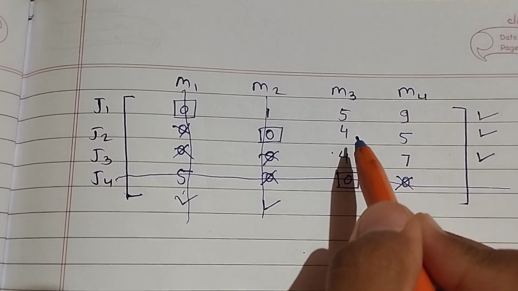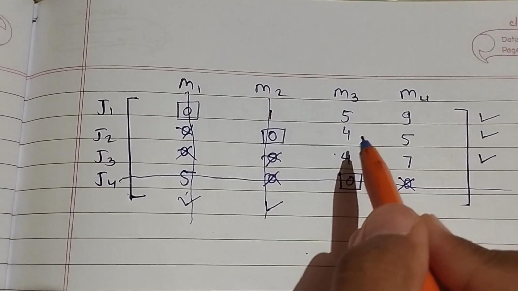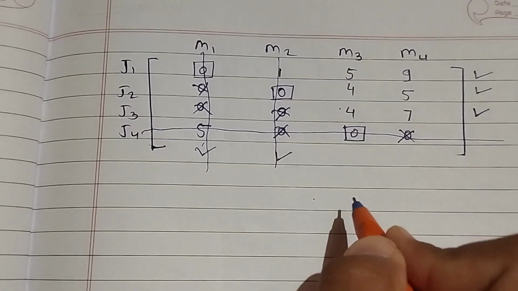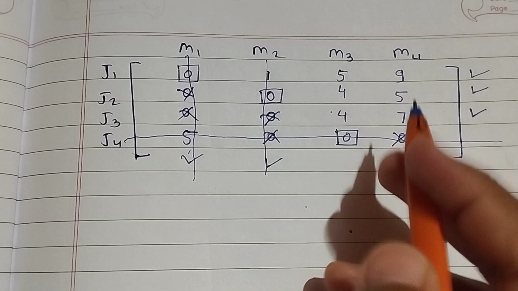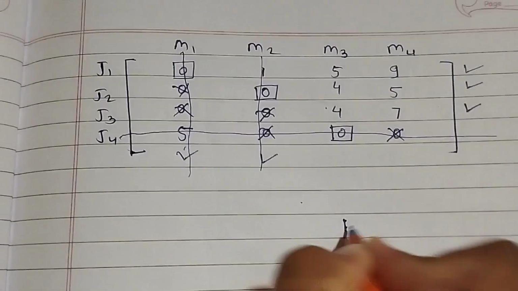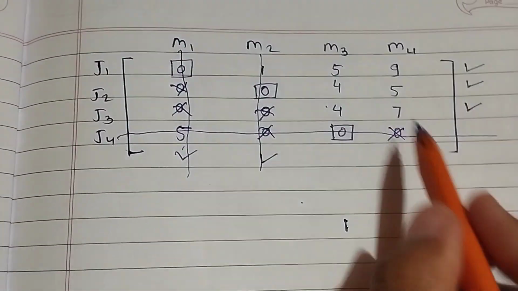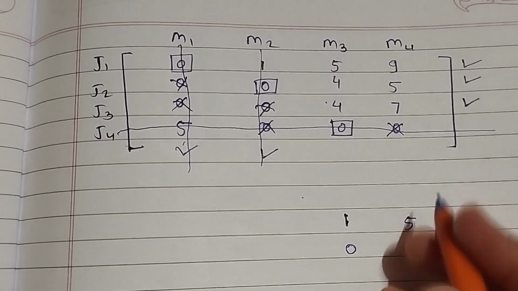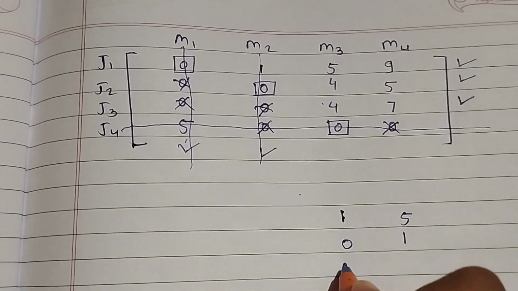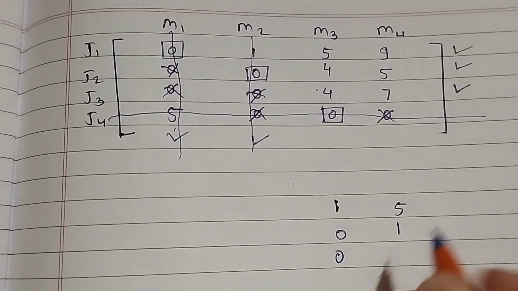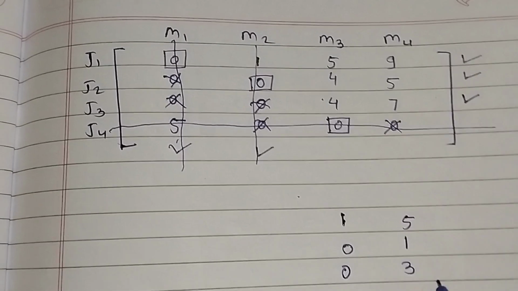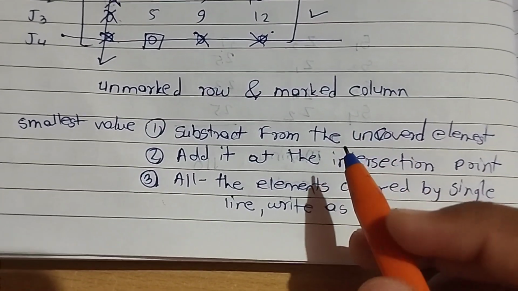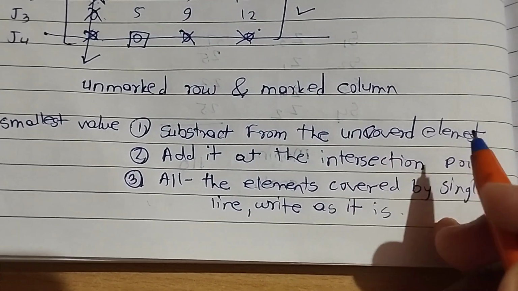The smallest element is 4, so subtract 4 from the uncovered elements. So 5 minus 4 is 1, 9 minus 4 is 5, 4 minus 4 is 0, 5 minus 4 is 1, again 4 minus 4 is 0, and 7 minus 4 is 3. So the first step is completed: subtract the smallest uncovered value from the uncovered elements.